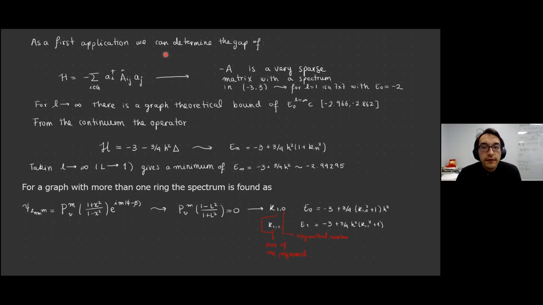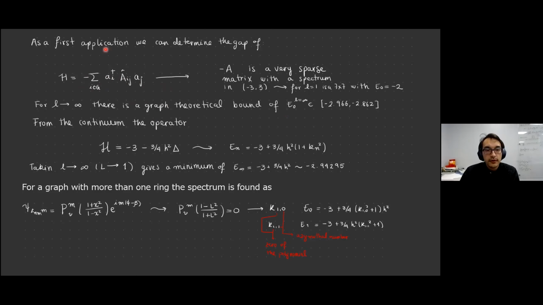So as a first application of the theory, there are two applications that we'll go through. One is determining the ground state and the first excited state of this theory and comparing it with some results from graph theory. And the second one will be exploring the correlation function, both in the discrete graph and in the continuum theory.